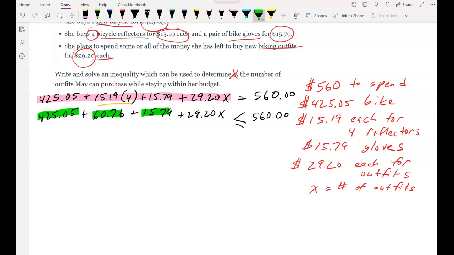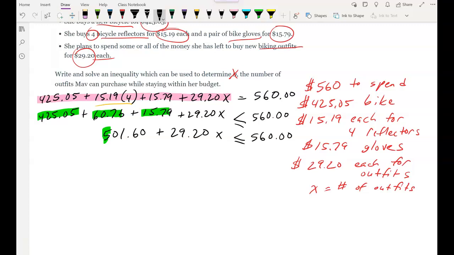And that equals $501.60 plus $29.20x is less than or equal to $560.